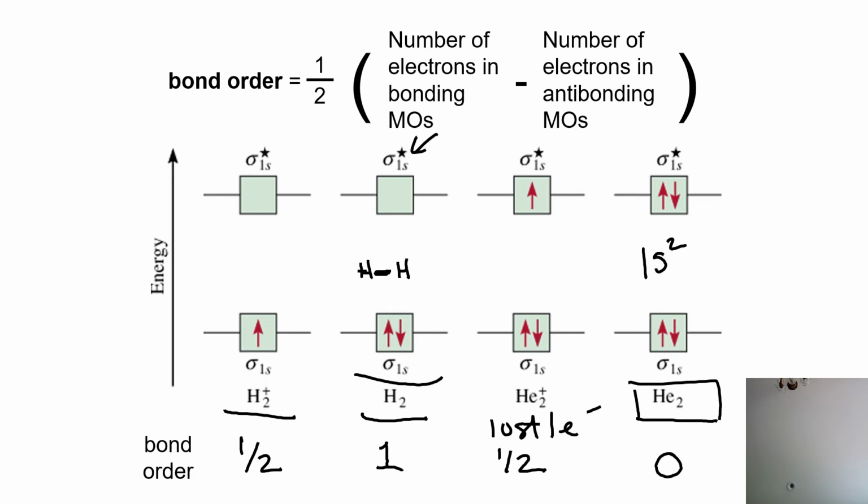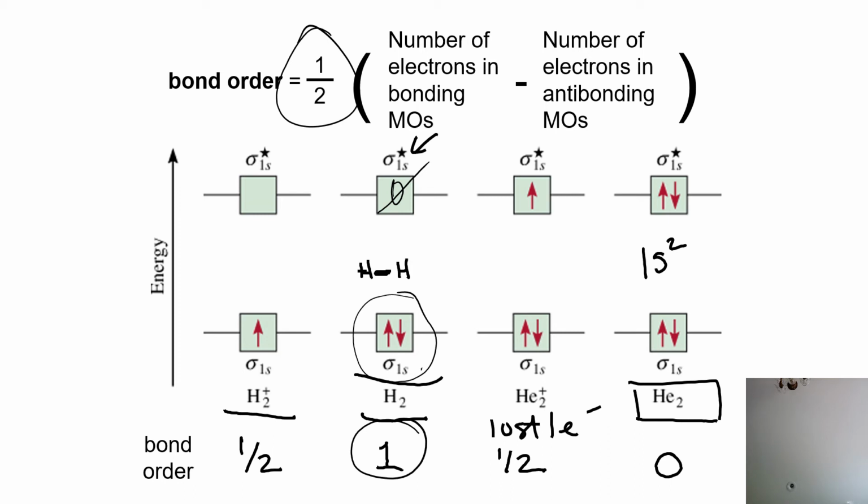For the H2 molecule, each hydrogen has one electron, and we combine the 1s orbitals. We have the sigma bonding 1s, and we have the sigma antibonding 1s. This one is filled. When we calculate bond order, it's 2 minus 0, divided by 2. I might not have mentioned that, you have to divide by 2 up here. So we get a single bond, which is what happens in diatomic hydrogen.